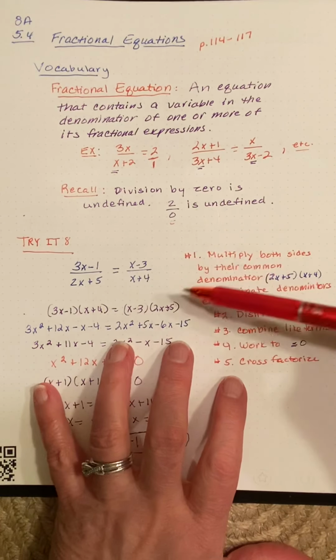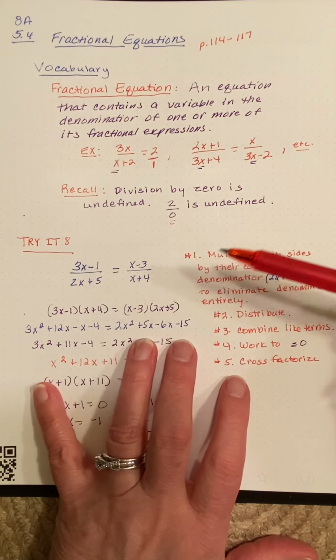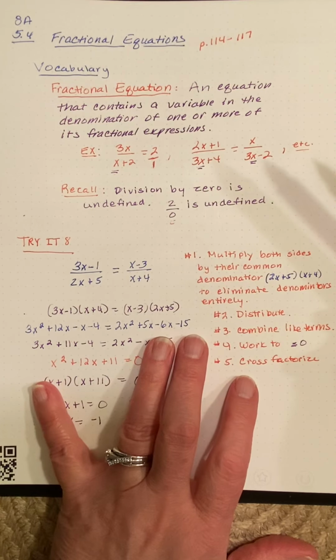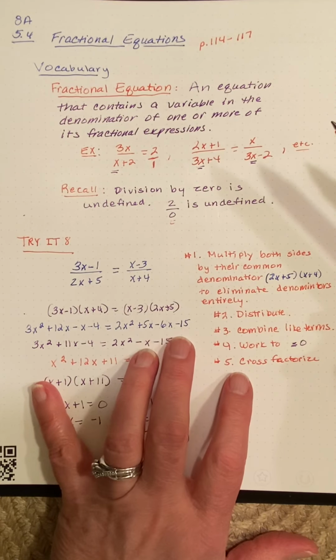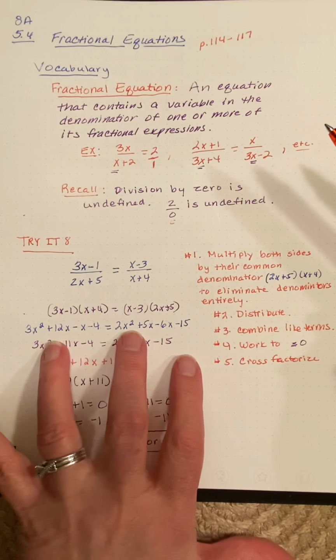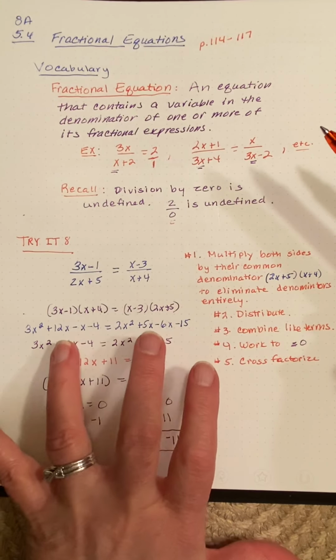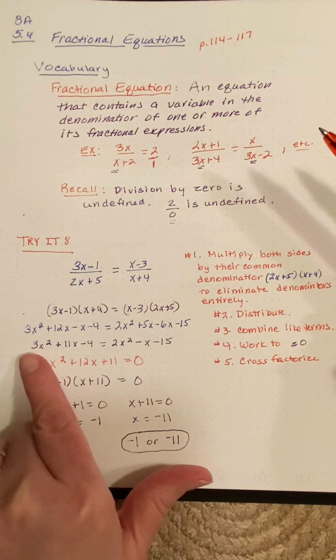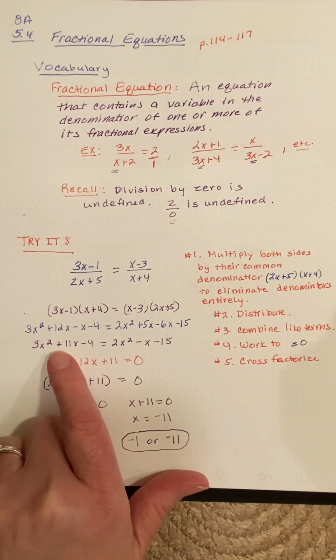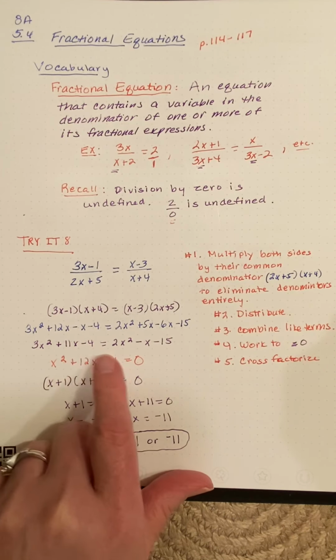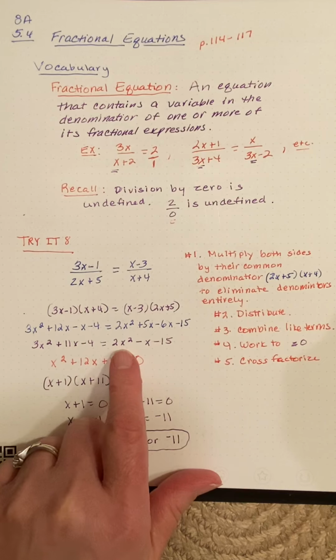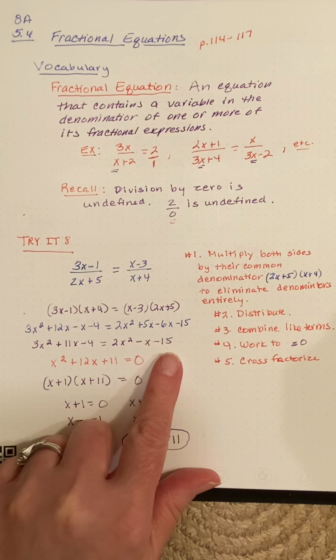On this side, I end up with 2x squared plus 5x minus 6x minus 15. I now combine like terms, which on each side would be the x's. I have 3x squared plus 11x minus 4 equals 2x squared minus x minus 15.